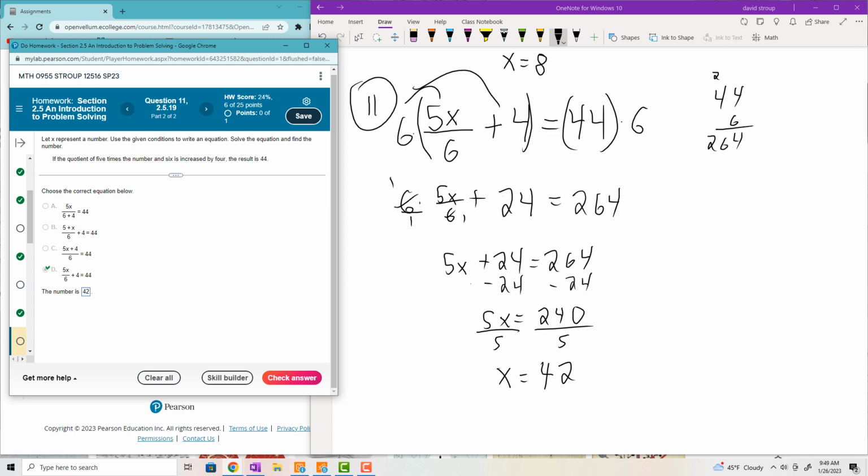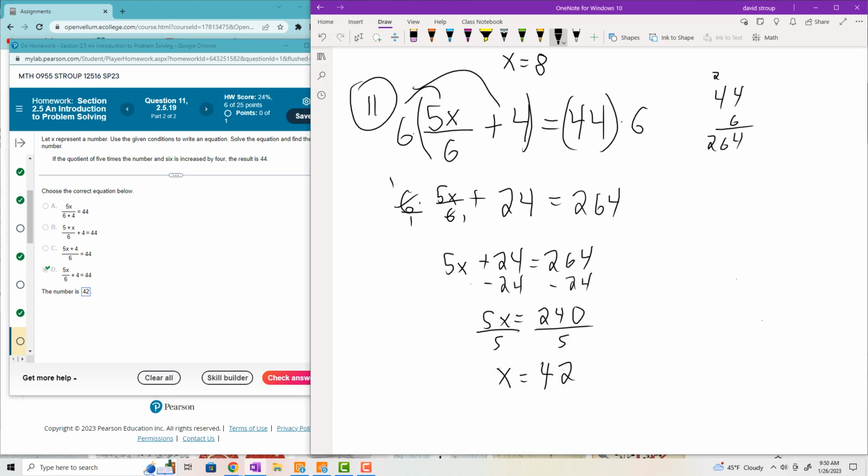I'm doubting whether 6 times 4 is 24. So 5x is 264 minus 24. I have no idea what I did wrong. Let me pause the video and I'll figure it out. Oh, I see it. Sorry about that. It's the last step. My division was incorrect. That's what I get for doing stuff in my head.